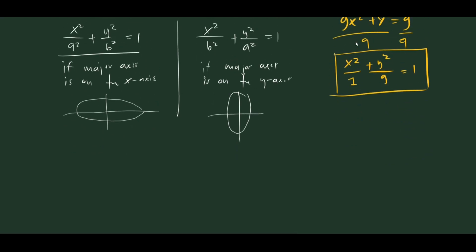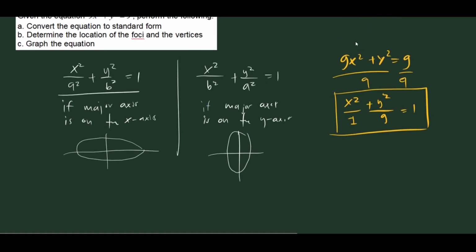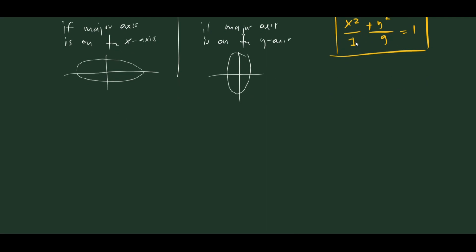So once we find our a and c, then we can answer letter B. Okay, so how do we do that? Okay, so let's copy our answer here on the lower part. So x squared all over 1 plus y squared all over 9 is equal to 1.